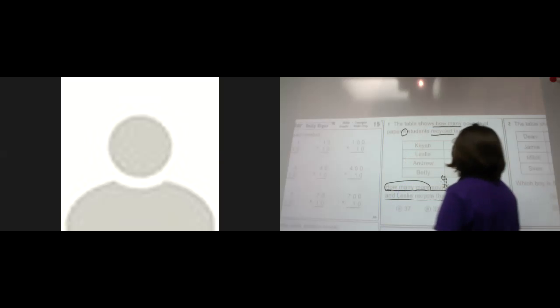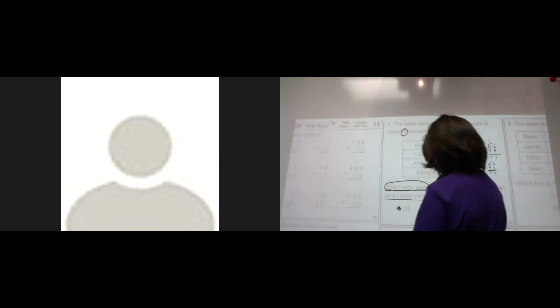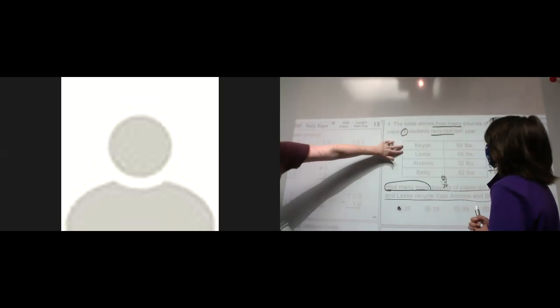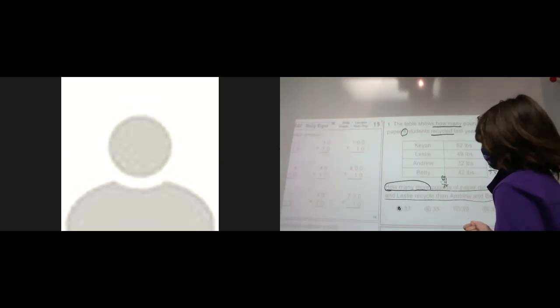Okay. So the answer is A. So she added the first 2, added the second 2, and then she subtracted those 2 and got 37.